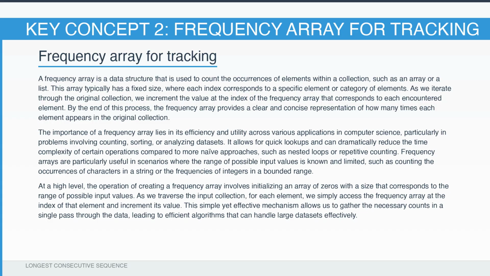To create a frequency array, we start by initializing an array filled with zeros, sized according to the range of possible values. As we go through our original collection, we simply look at each element and increase the value at its corresponding index. This process allows us to tally counts efficiently in just one pass through the data.